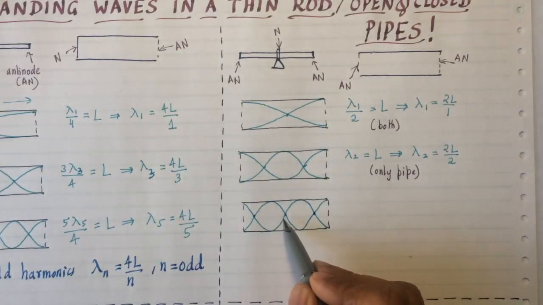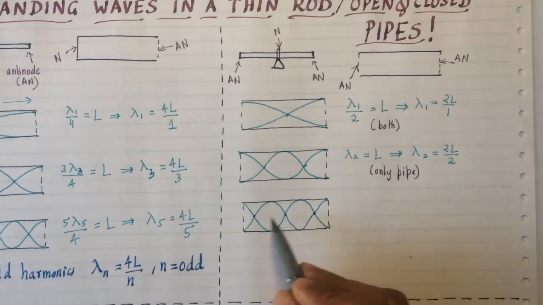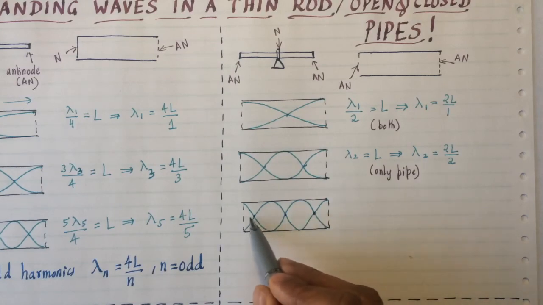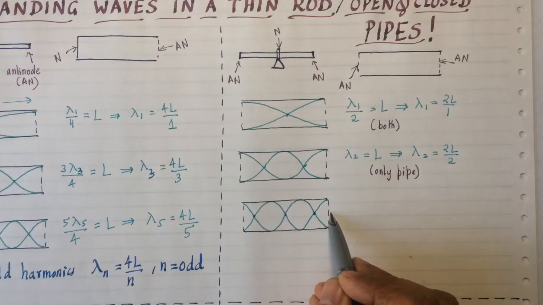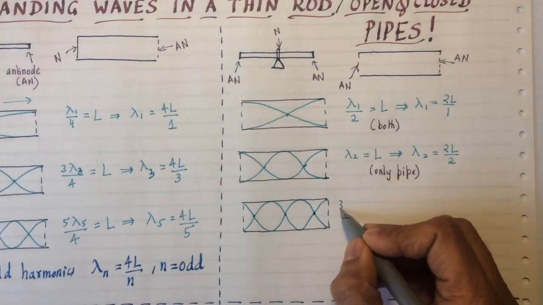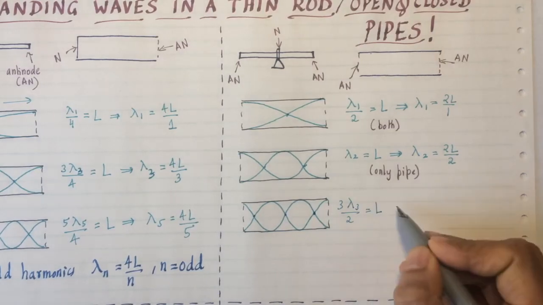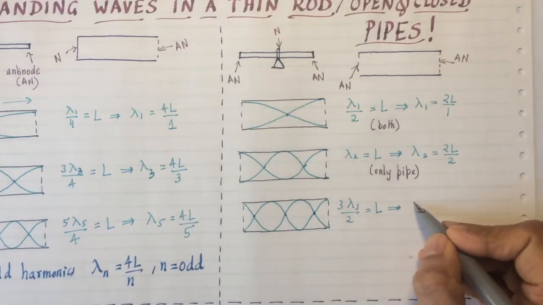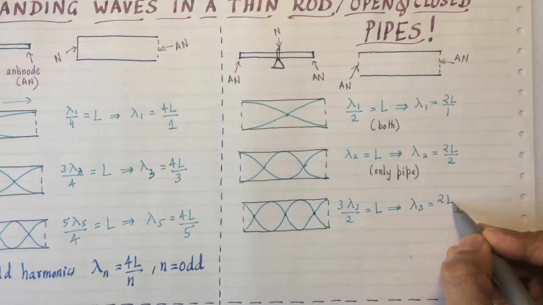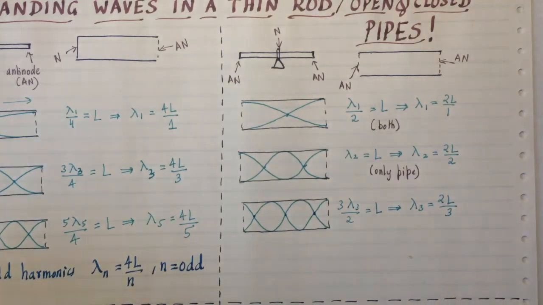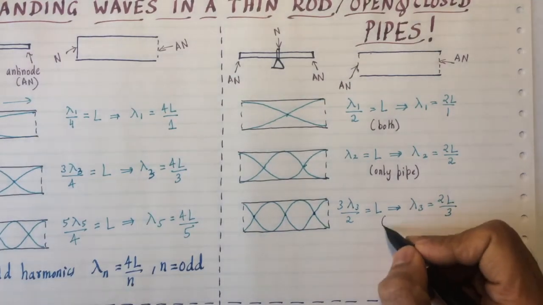So that's half a lambda plus a half lambda, which means one wavelength plus half a wavelength, 3 halves. 3 lambda 3 over 2 will be equal to the full length of the object. And so that's lambda 3 equals 2L over 3. And this one will apply to both of them.